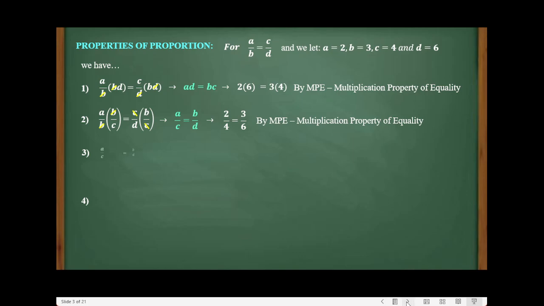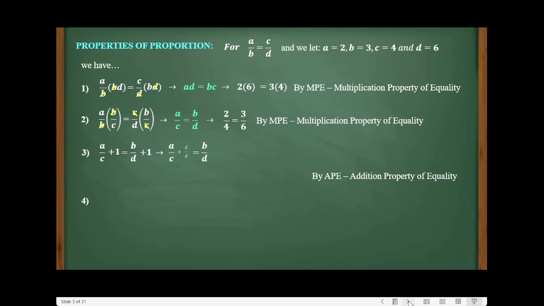Next. How about A over C is equal to B over D? We start with this equation taken from number 2, and we apply the addition property of equality, meaning both sides of this equation are to be added by the same quantity, and that is 1.